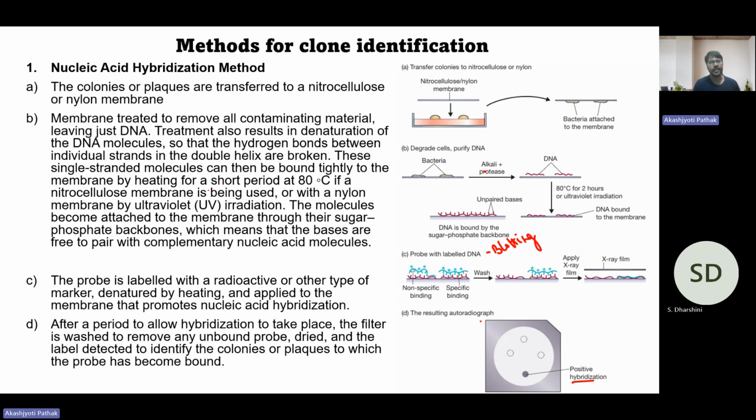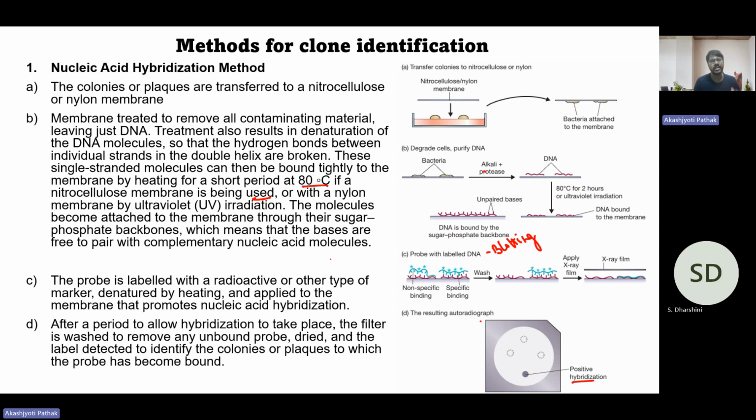Now the membrane is heated for a short period at 80 degrees Celsius if a nitrocellulose membrane is being used, or if it is a nylon membrane, you can do UV irradiation. The molecules now become attached to the membrane through their sugar phosphate backbone, which means that the bases are free to pair with complementary nucleic acid molecules.